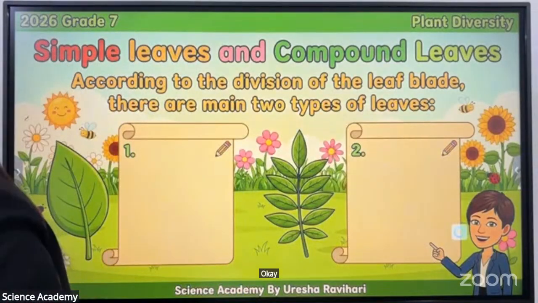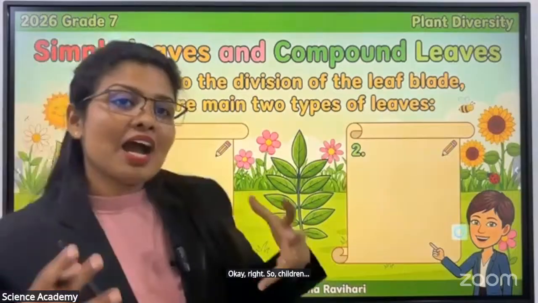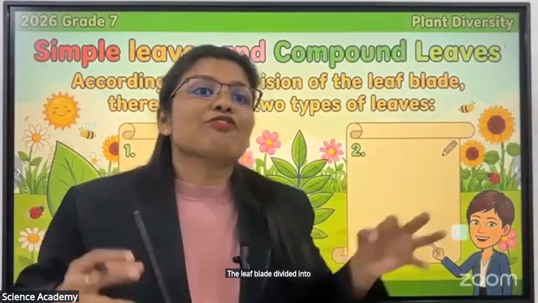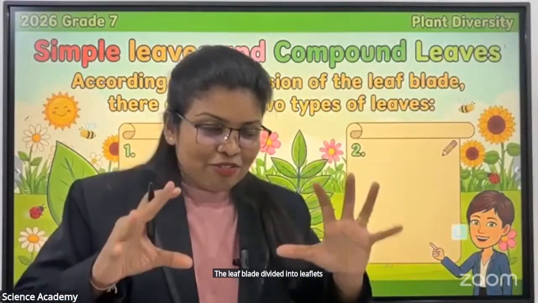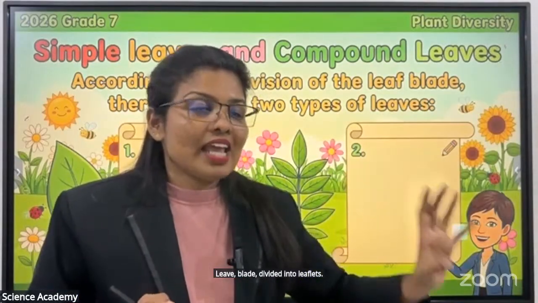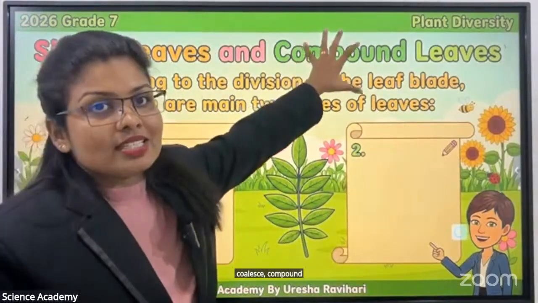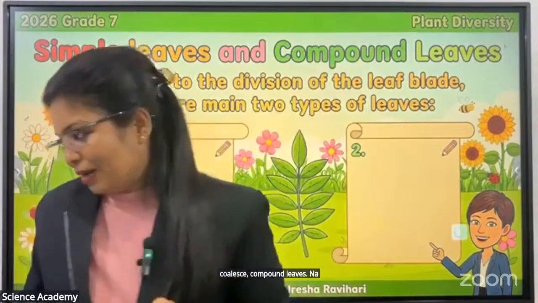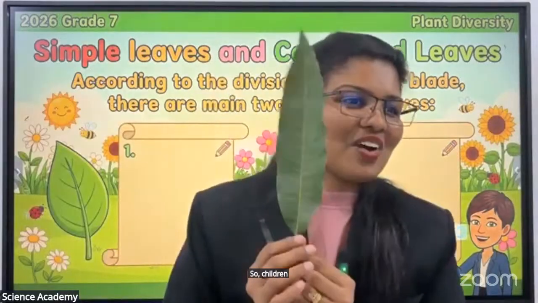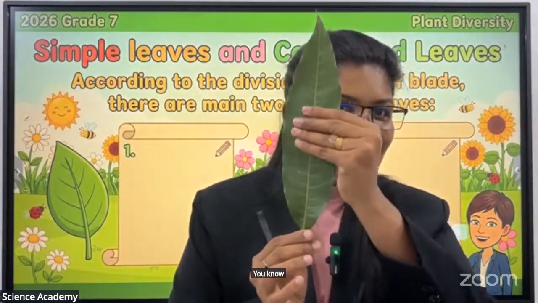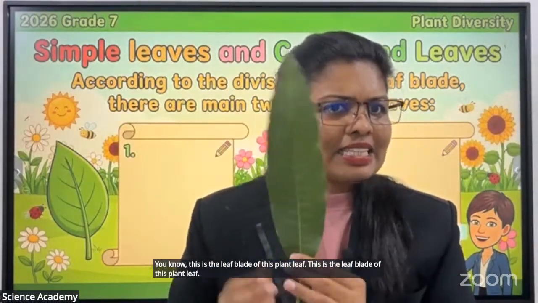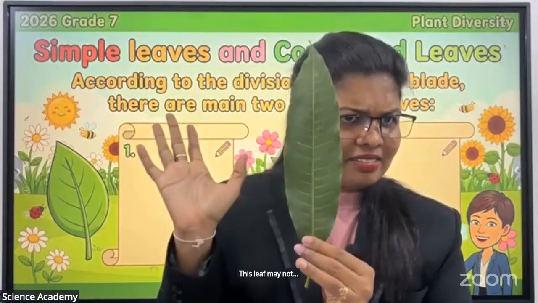Okay, right. So children, when the leaf blade is divided into leaflets, it is called a compound leaf. Don't be afraid. Okay? Right. So children, what is this one? You know, this is the leaf blade of this plant leaf. This leaf blade is not divided.